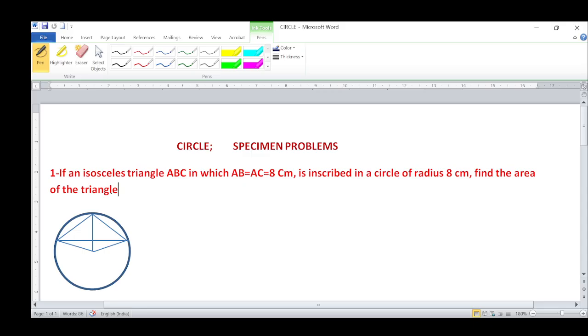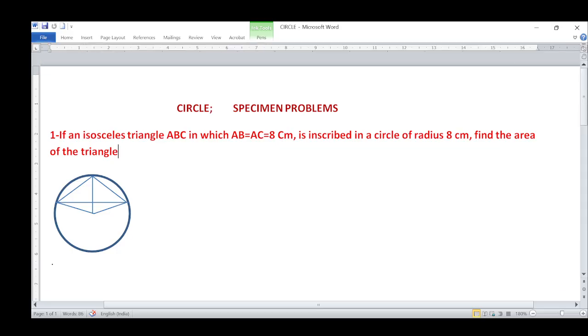So let it be, this is A, this is B, this is C, this is O, obviously the center of the circle.